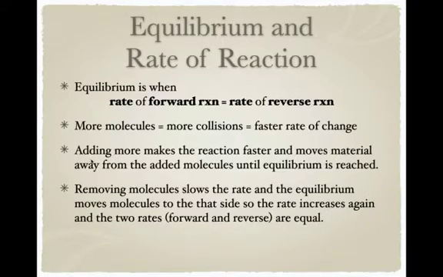So when you add something, you create a faster reaction, and now things need to change to take care of that. And sometimes you can remove molecules, which slows one of the rates, and you have to go back to balance again.